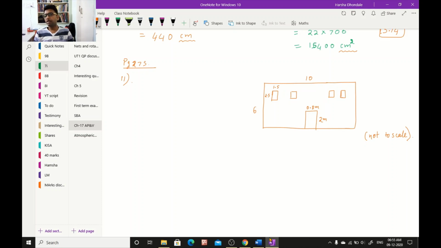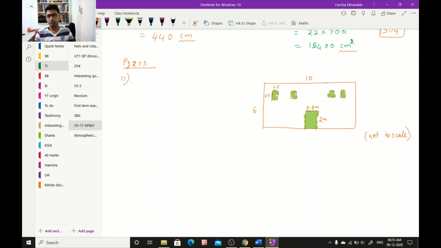From that I will subtract the area of these 4 windows, 1, 2, 3, 4, and I'll remove the area of this door, because the windows and door are not made up of brick. The remaining portion is made up of brick. So I'll find the area of this entire wall, which is a rectangle, minus these things that I have highlighted in green. That gives me the answer. It's as simple as that.